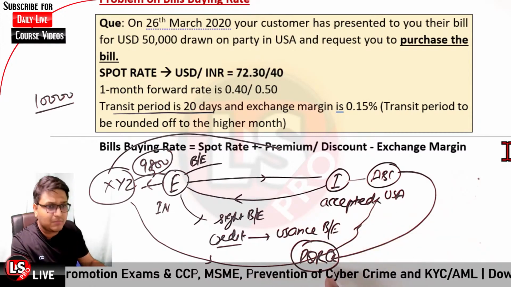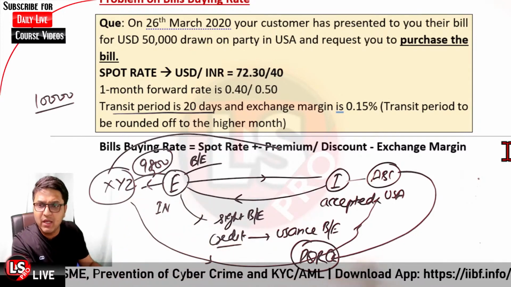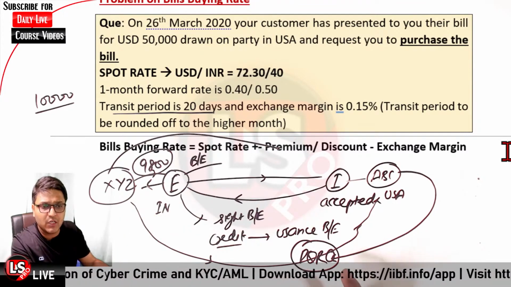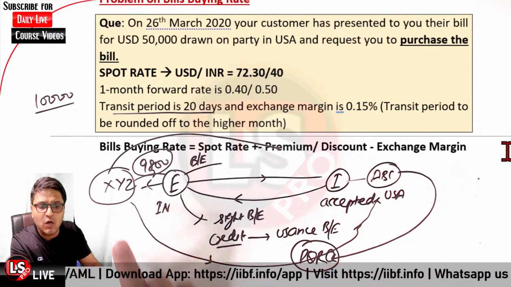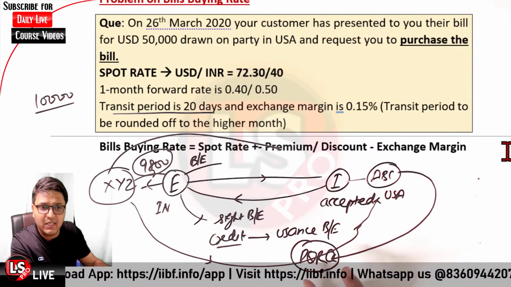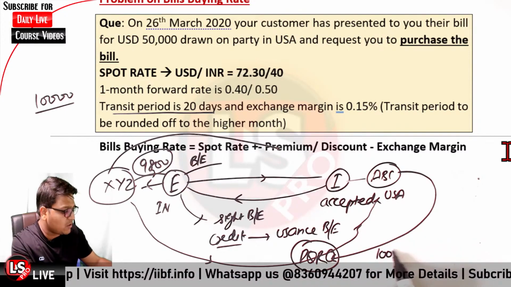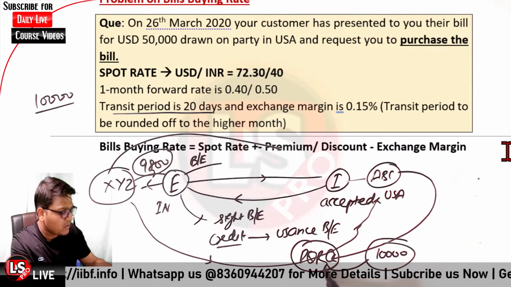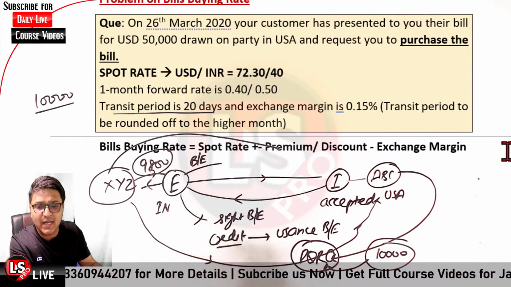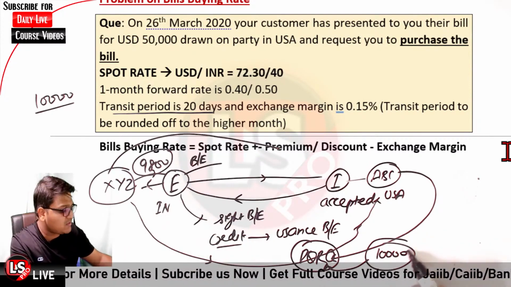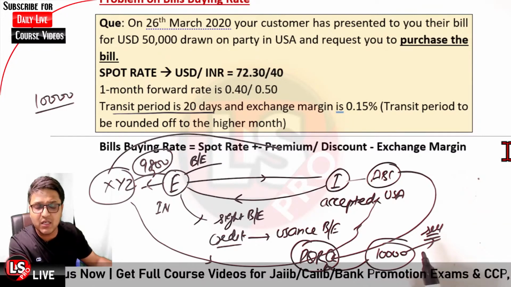So when the amount is credited to the nostro account of XYZ, let us assume after 20 days, the amount is credited by ABC bank into the nostro account of XYZ, which it maintains with the bank PQR. Let us assume 10,000 USDs are now credited. In that case, the bank XYZ has to sell these USDs in the market so as to get the Indian currency.